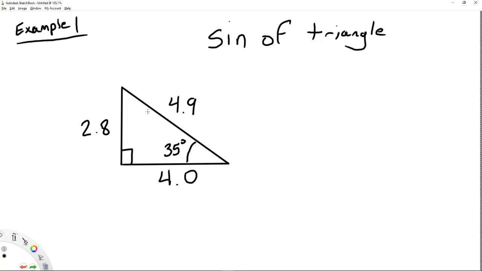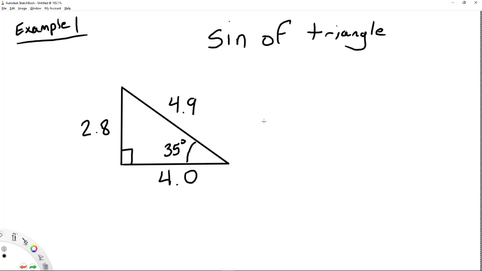So here we have one example problem, and we have a right triangle with the sides 2.8, 4, and 4.9. And we have an angle of 35 degrees, which will be our theta. And basically our question is to find the sine of this triangle. So if 35 degrees is theta, then we know that 2.8 is the opposite, and that must mean 4 is adjacent, and 4.9 is hypotenuse.